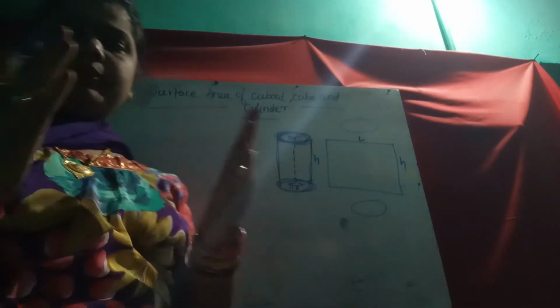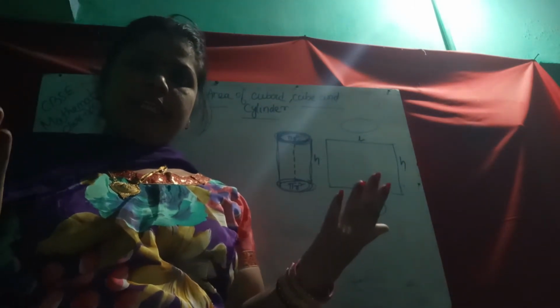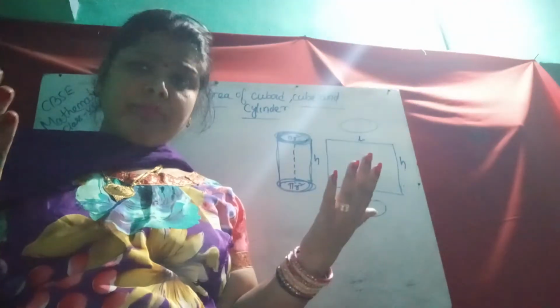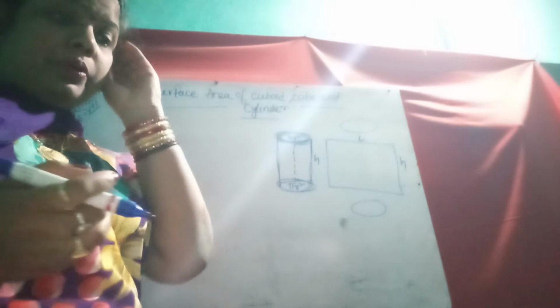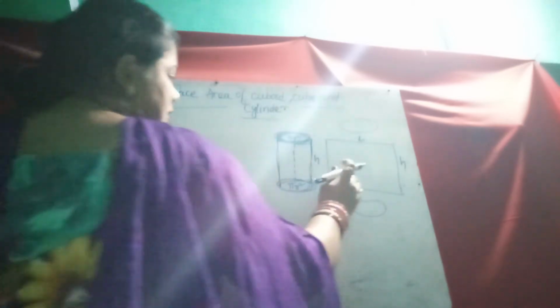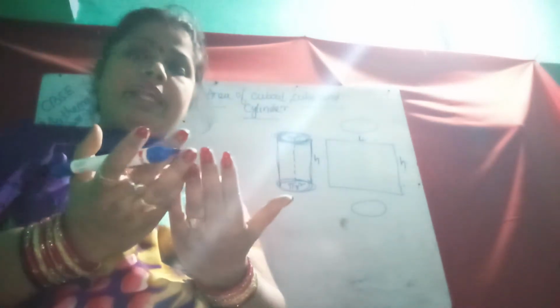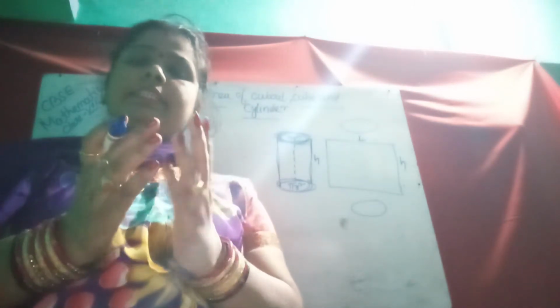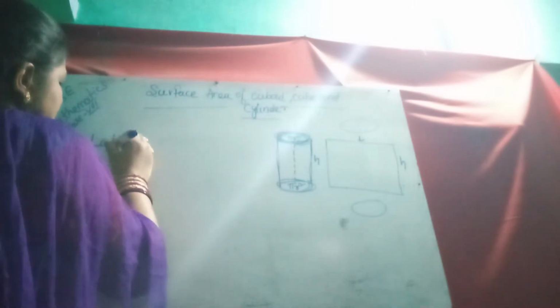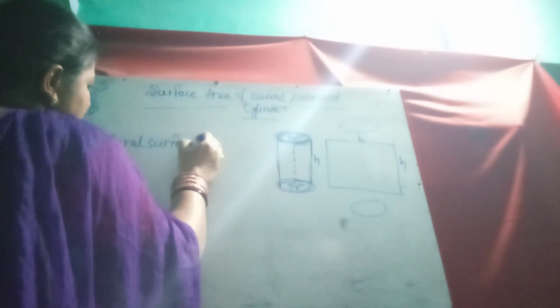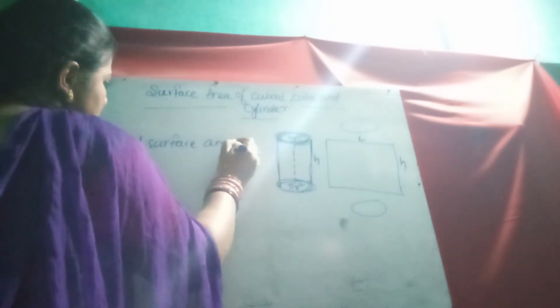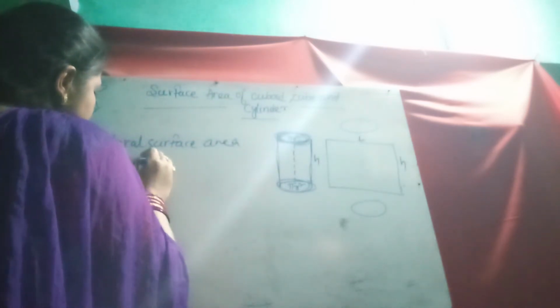When we open it, we get the area as length into breadth. First, if we find the lateral surface area, that is length into breadth. So suppose the lateral surface area of a cylinder.